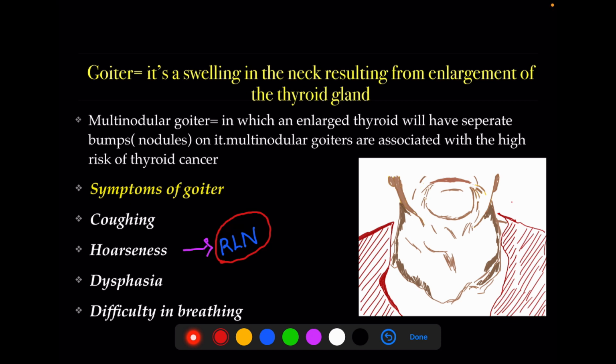Now the third symptom is dysphagia. Its definition is difficulty in swallowing, as you can easily understand, due to its large mass effect.